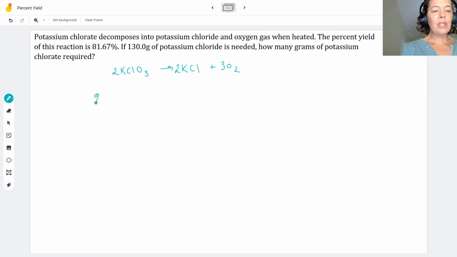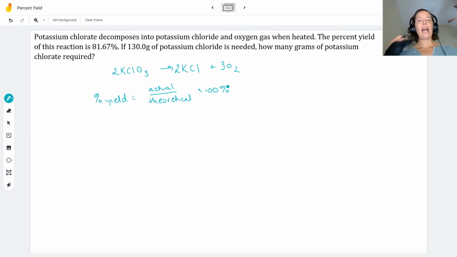So again, percent yield is equal to the actual yield over the theoretical yield times 100%. Remembering actual is what you get when you go into the lab, and theoretical is what you do with stoichiometry. All right, so I actually need 130 grams of this. I need to figure out what my theoretical yield is.